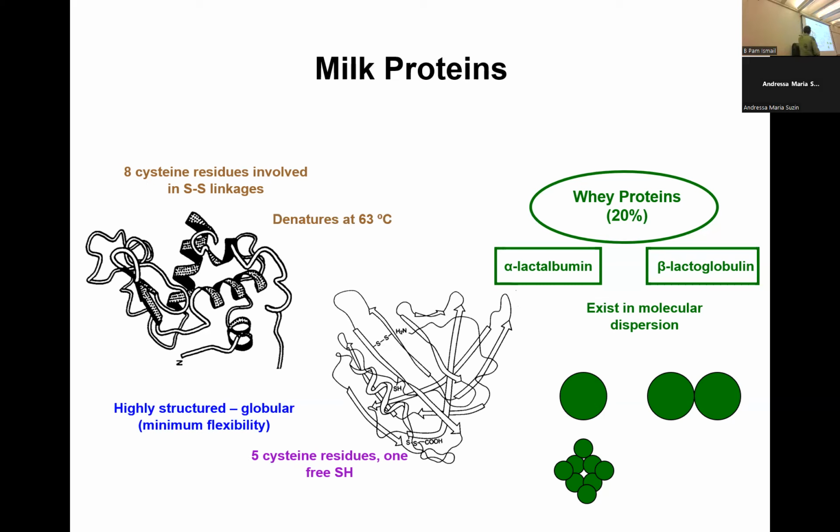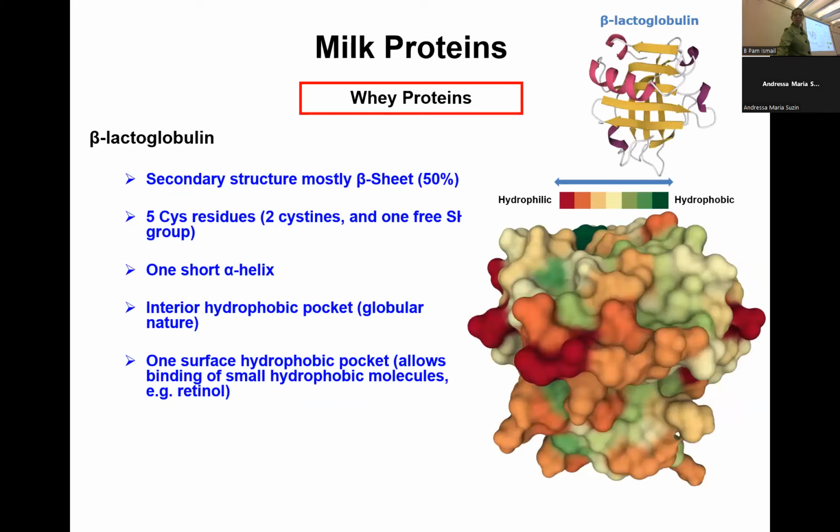If you remember, more alpha helices denature at lower temperature, and beta sheet has higher stability, so the structure denatures at 73 degrees Celsius. This is a visual of beta-lactoglobulin.